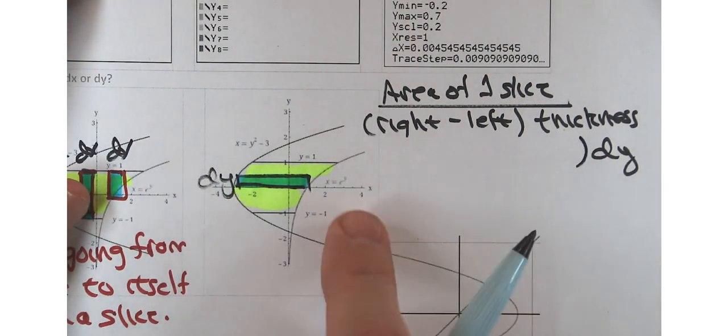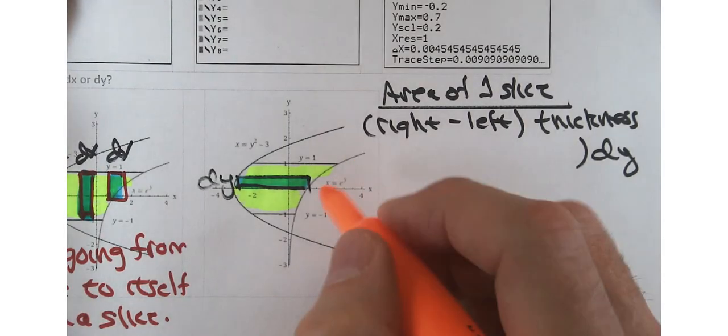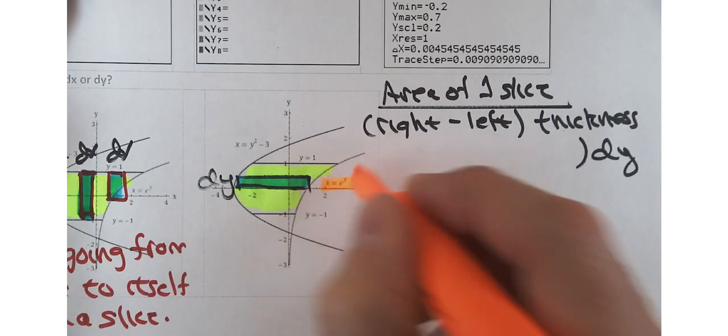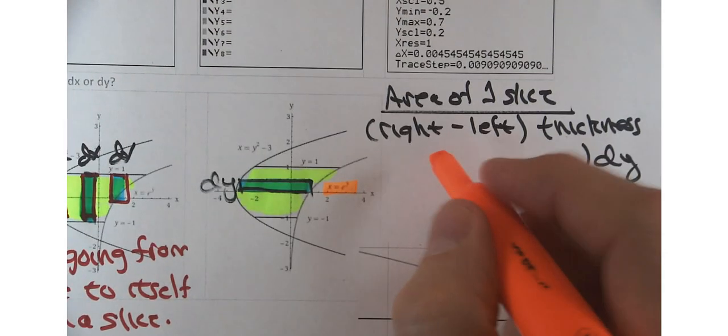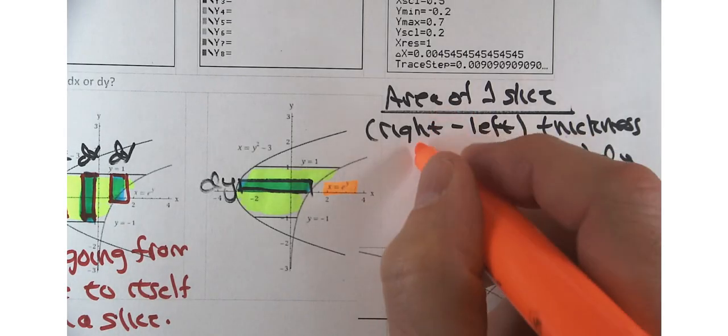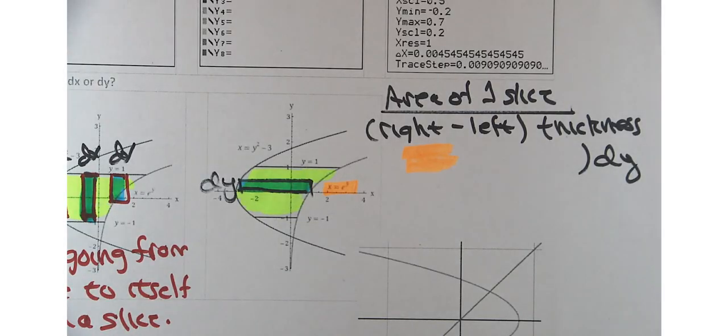The rightmost function, that's e to the y. So you've got x equals e to the y. That's going to be my rightmost function. Let's put that in here: e to the y.